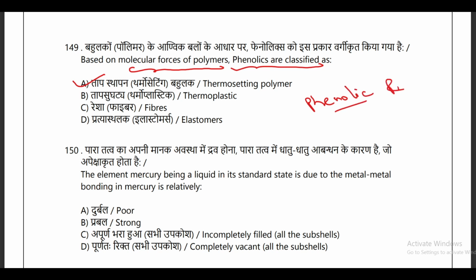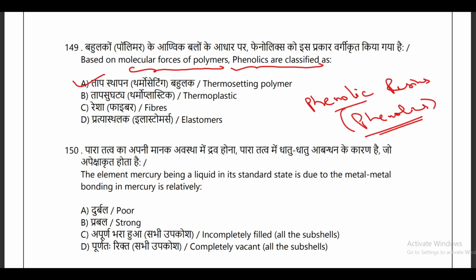These are thermosetting polymers, which means they undergo a chemical reaction when heated. They create a network of bonds that forms a rigid and durable structure, and once they set they can't be melted and reformed, which distinguishes them from thermoplastics. So option A is your correct answer.